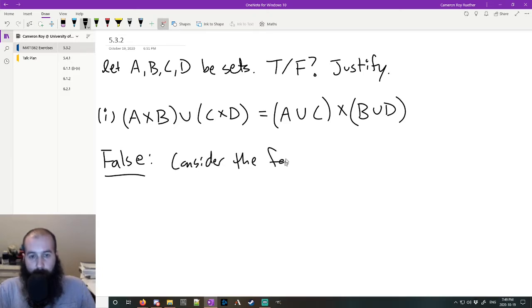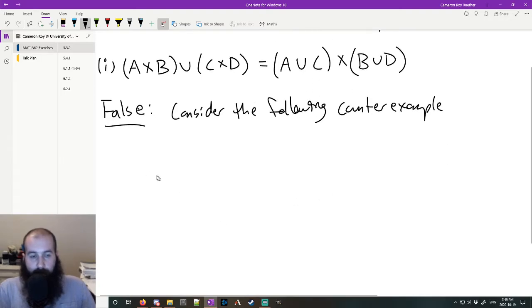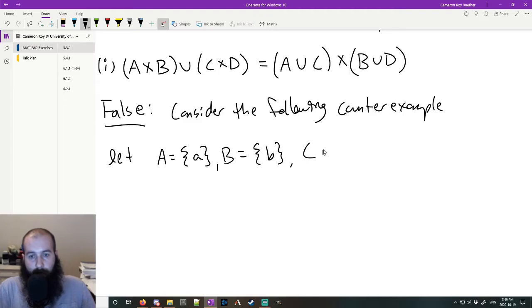Consider the following counterexample. And to make this easy, I'm just going to use singleton sets. A will be the set that contains little a, B will be the set that contains little b, C will only contain small c, and similarly D will only contain small d.